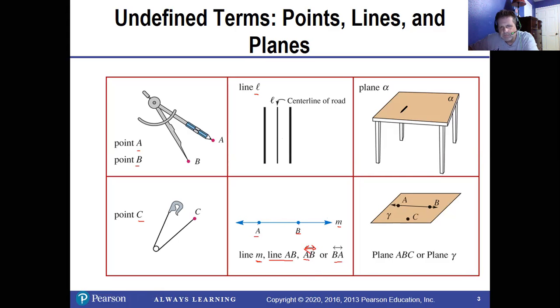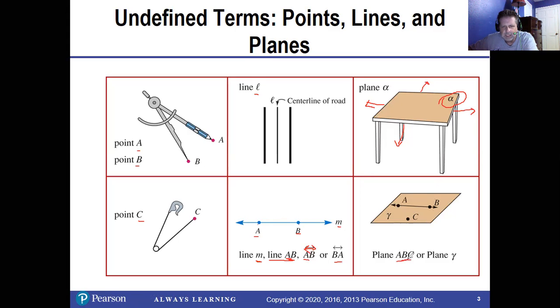And then labeling a plane, like the top of a tabletop. It goes forever in all directions, never ends, but it has no depth. Notice sometimes they'll use a Greek letter in a corner. It's always in the corner of the plane. Here's another Greek letter for this plane. To name a line, we might use 2 letters, but to name a plane, you have to use 3.